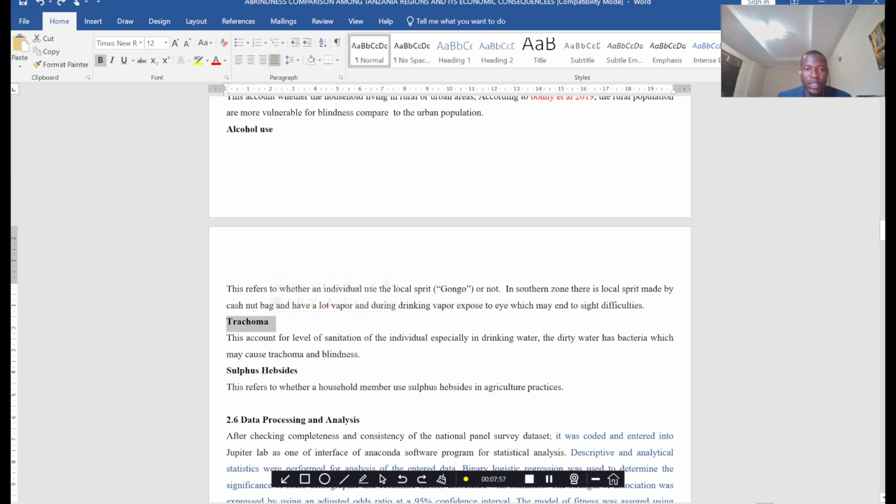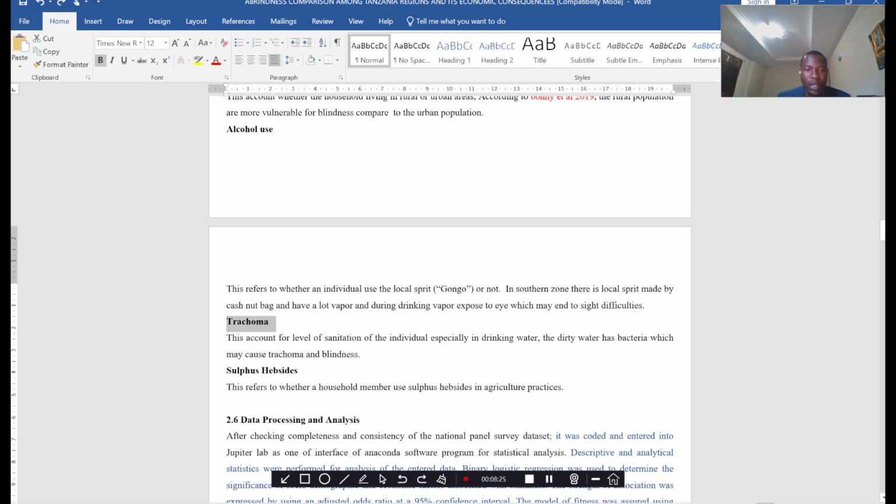Trachoma is normally an issue of sanitation, especially water used for drinking and bathing. As we know, some water contains bacteria, which may cause trachoma and blindness.